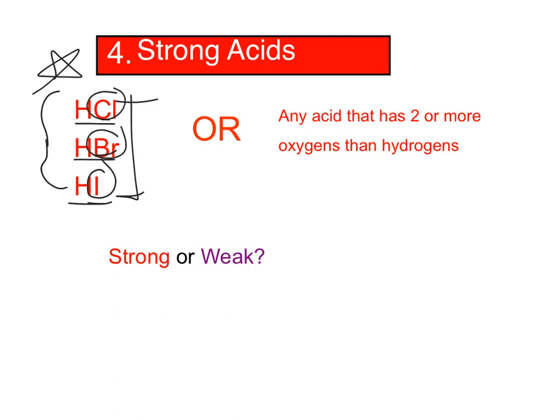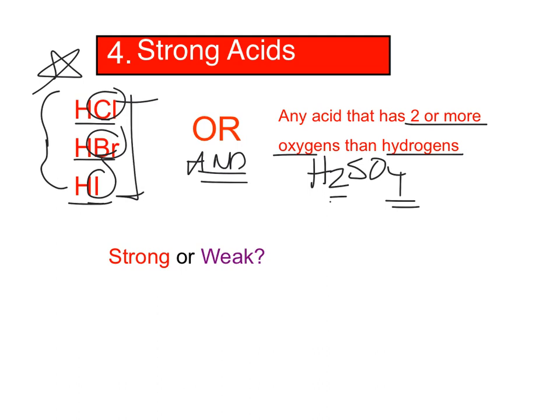Those 3 acids are strong, and so is any acid that has 2 or more oxygens compared to the hydrogens. For example, H2SO4: if you compare hydrogens to oxygens, there's 4 oxygens and 2 hydrogens, double the amount, at least 2 more oxygens than hydrogens, so that's a strong acid.